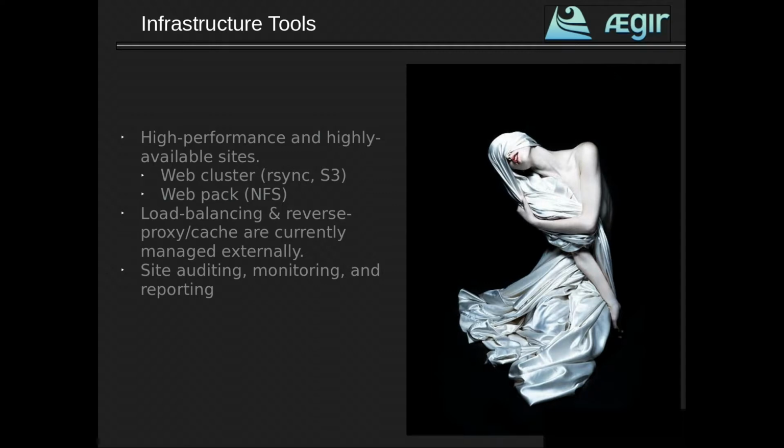And there's no dependence in that case on the WAN or the network being up and operational, right? Like you need it to be, to some extent, the Webpack mechanism solves the problem in a different way. So instead of moving to an entirely separate data store, like block store, like S3, what it does is it mounts via NFS onto all of the web servers. So when you upload to server 1, that ends up on an NFS drive that is available to everyone else at the same time, right?